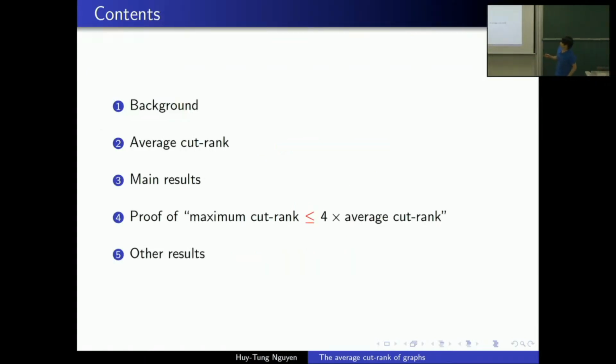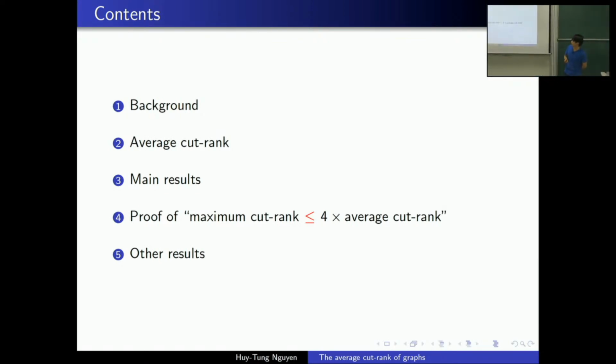The content of this talk will consist of 5 parts. The first one will be background, but this background will be a bit long because there are many necessary notions to come up with the results related to the average cut-rank. The second part will be the main parameter of this talk, the average cut-rank.